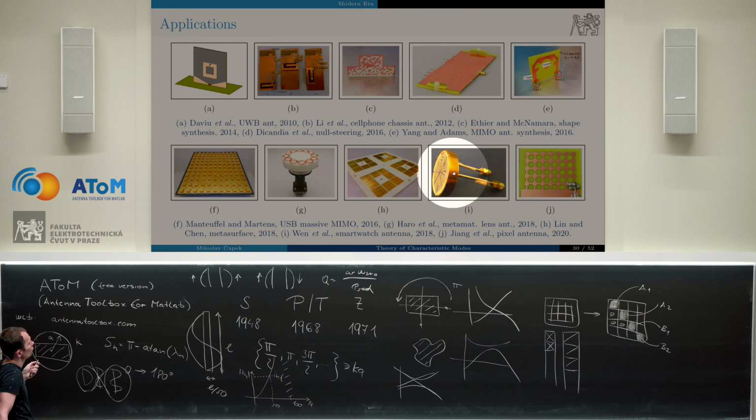And just to support this claim, here you can see something which can be a pixel antenna if I design it properly. And I have two choices. On the left, I can evaluate this as it is here, and then I have 730 degrees of freedom.